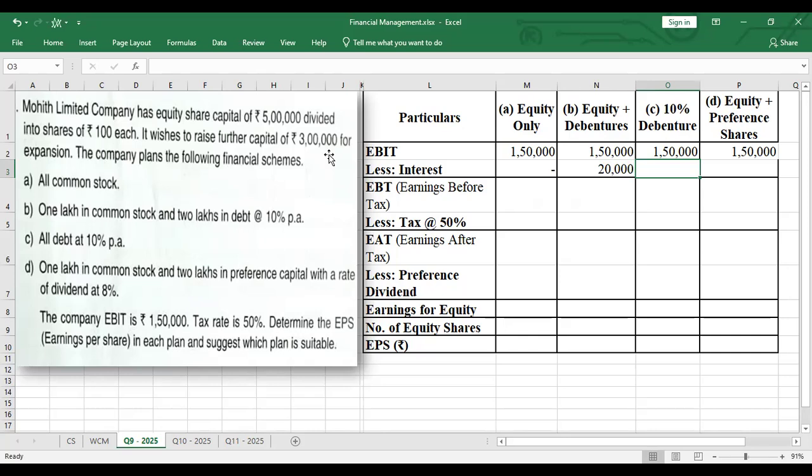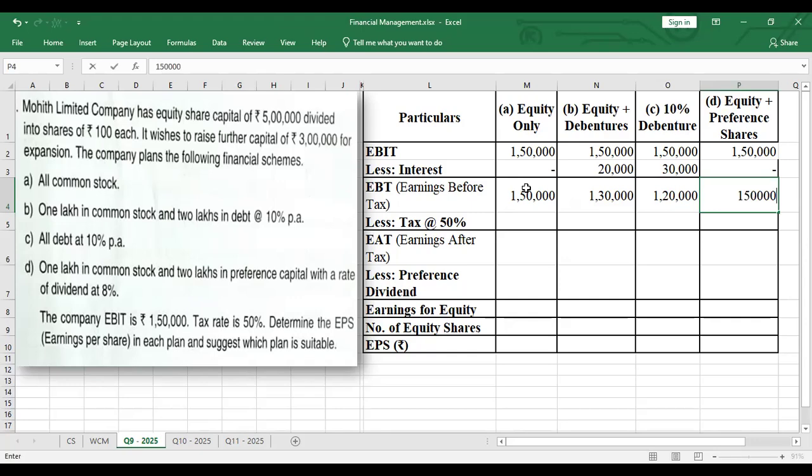So how much amount do they require? 3 lakh. 3 lakh into 10%, that is 30,000. Next one, equity plus preference. In both cases, we are not going to give any interest. So nil. If we simplify, we will get 1,50,000. Next one, 1,30,000. 1,50,000 minus 30, that is 1,20,000.